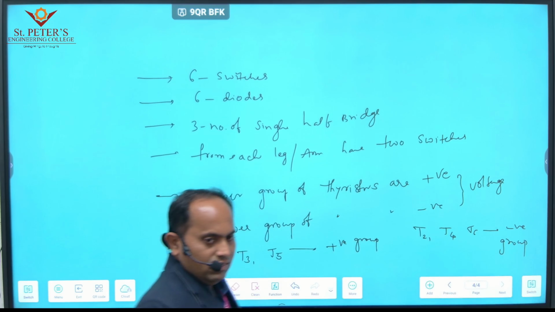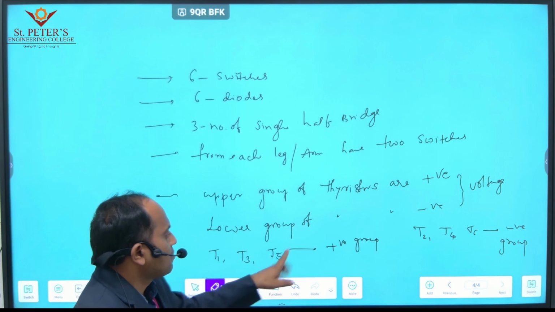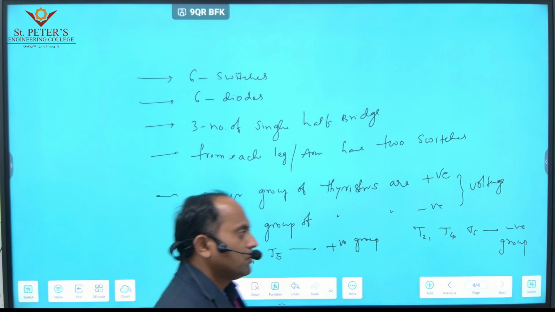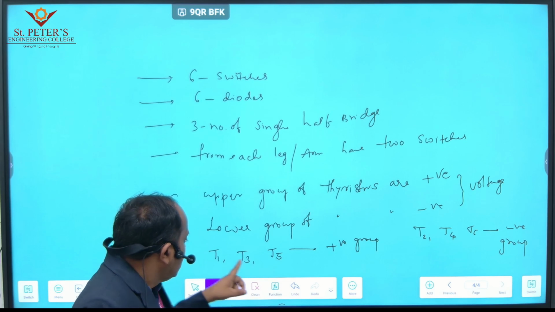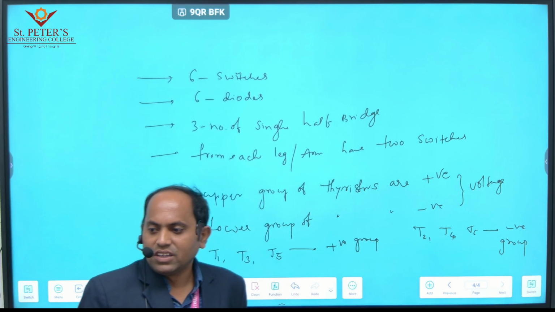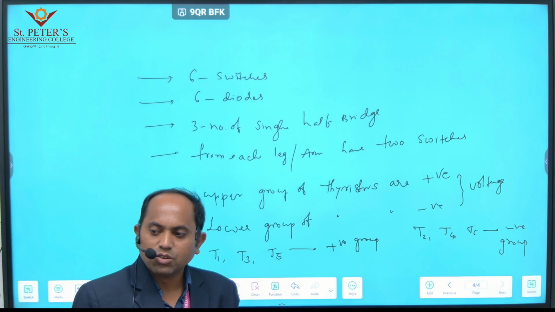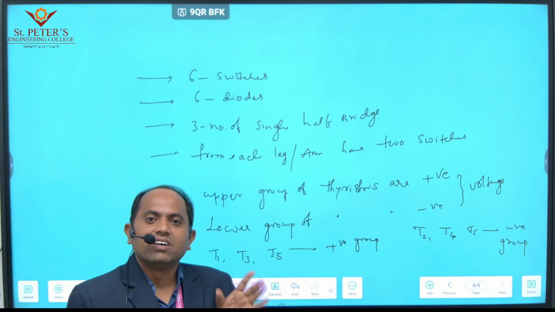Because they give positive output voltage, these are the positive group and these are the negative group. Clearly observe that 1, 3, 5 are odd numbers and 2, 4, 6 are even numbers. So odd numbered thyristors are the positive group and even numbered thyristors are the negative group.